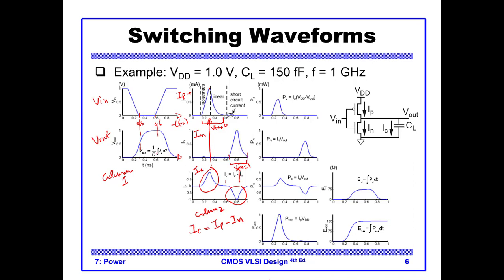In the third column we have the power in PMOS, power in NMOS, power in capacitor, and power delivered by VDD. You see that the power follows a curve similar to the current. Here it translates to this, and this one translates to this.